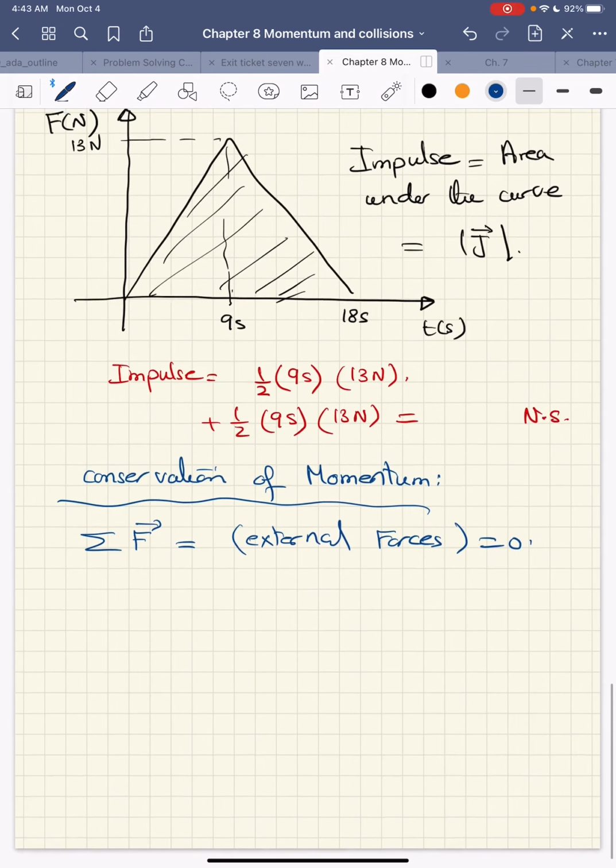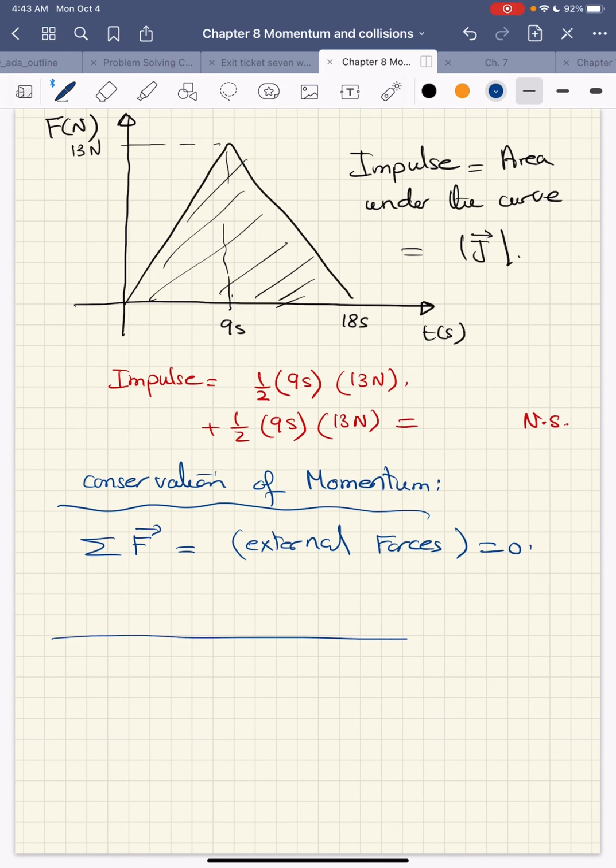And we can solve this type of problem here, where I have mass 1 is 0.5 kilograms and V1 is 2 meters per second.